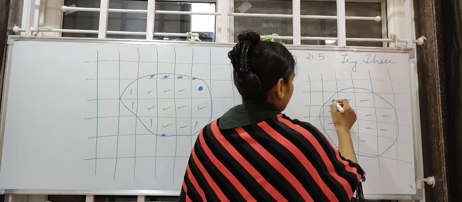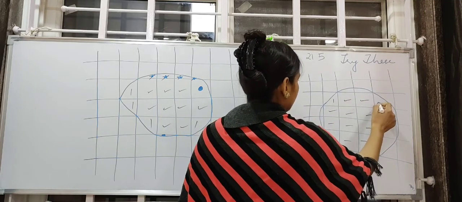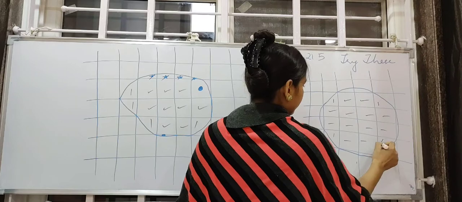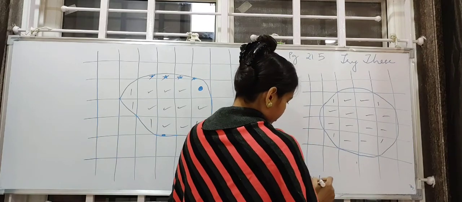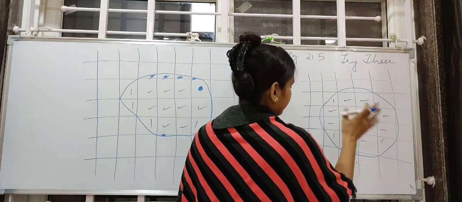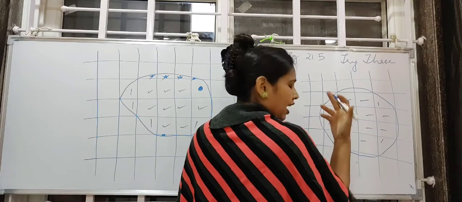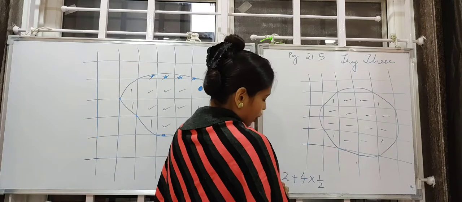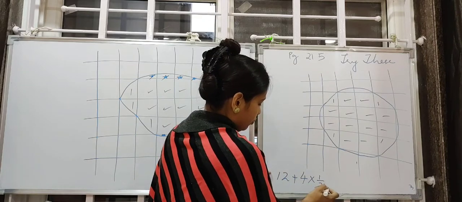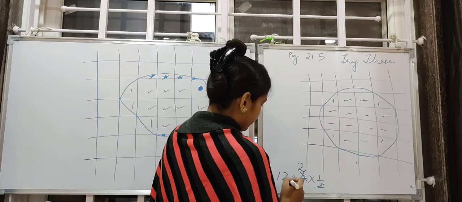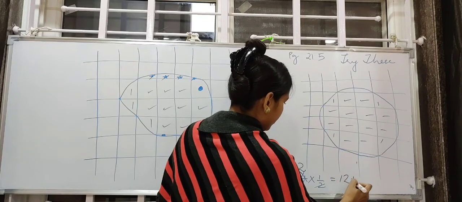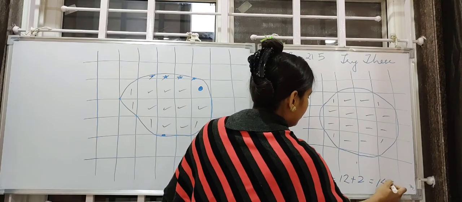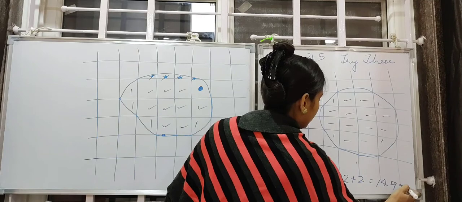Half: 1, 2, 3, 4. More than half, nothing. Less than half, we can leave, as it will become 0. Now we complete this. 2 ones are 2, so 12 plus 2 gives us 14 square units.